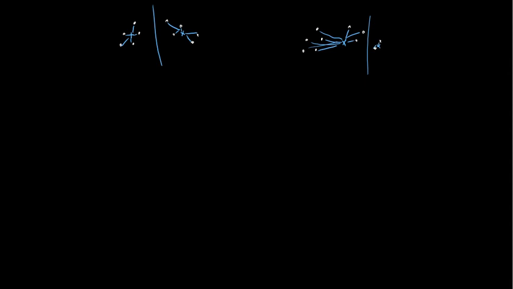So on the right hand side, this one has larger inertia. You see the line is longer, and on the left hand side, it has a smaller inertia, because the center is just closer to the points.